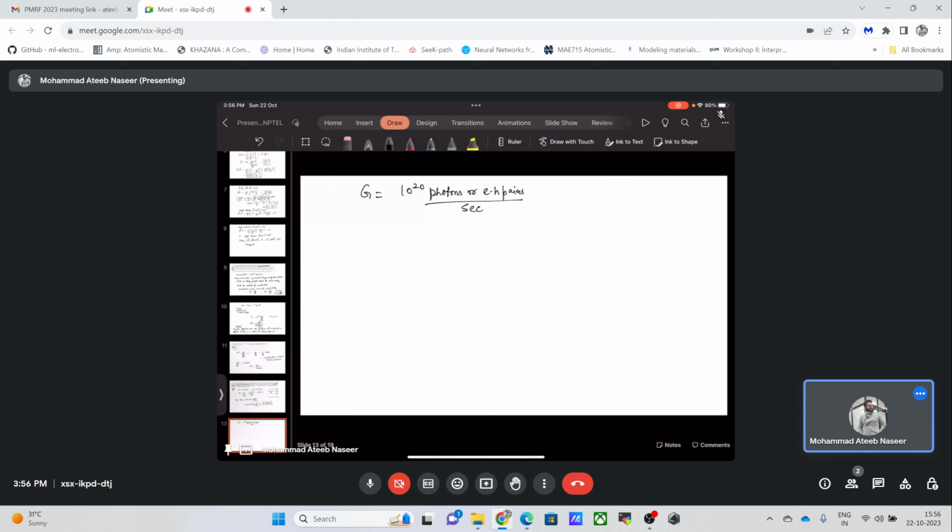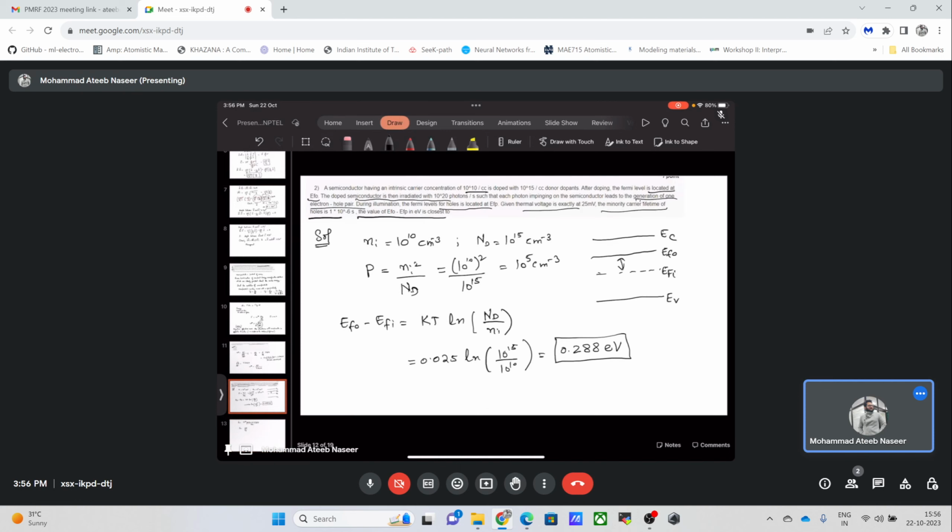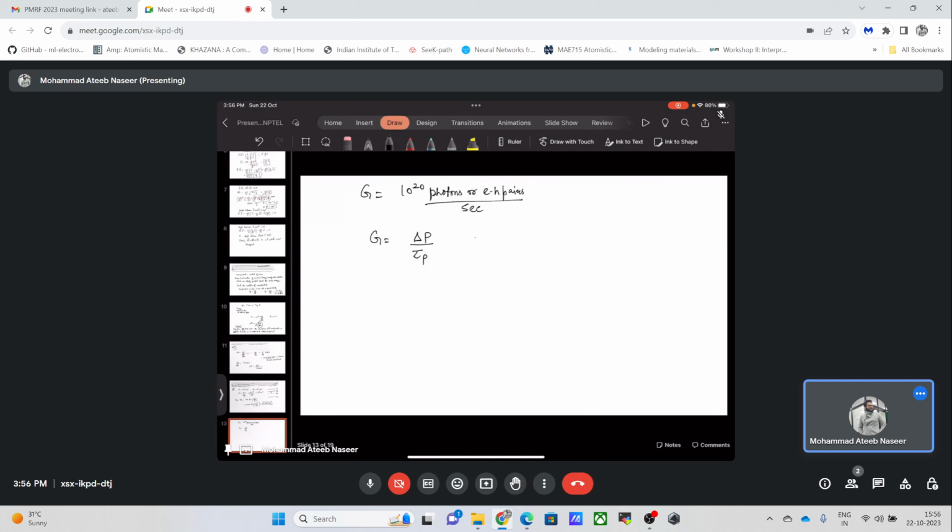This generation is simply delta P by tau P. Minority carrier lifetime for these holes is 10 to the power of -6 second. So the excess hole concentration will simply be generation times the minority carrier lifetime, which is 10 to the power of 20 into 10 to the power of -6, which is 10 to the power of 14 per cubic centimeter.